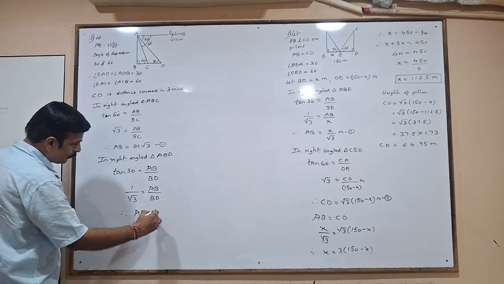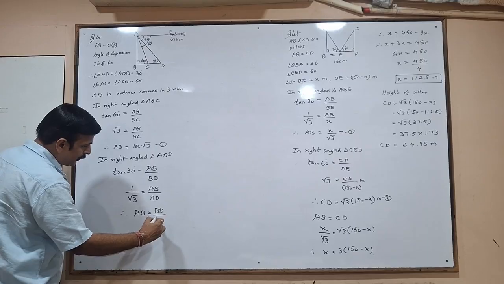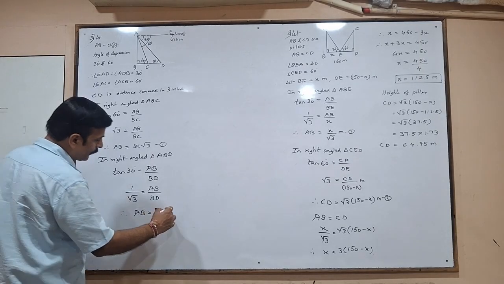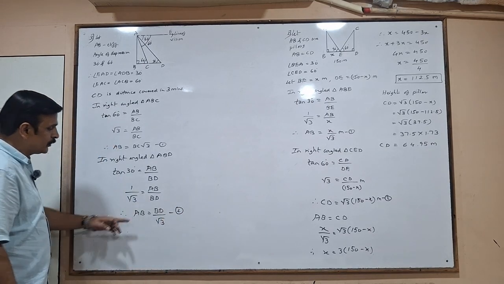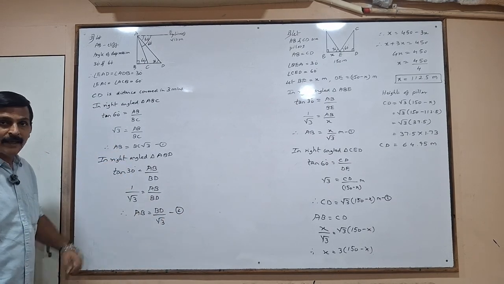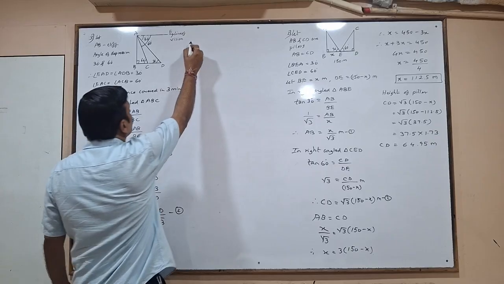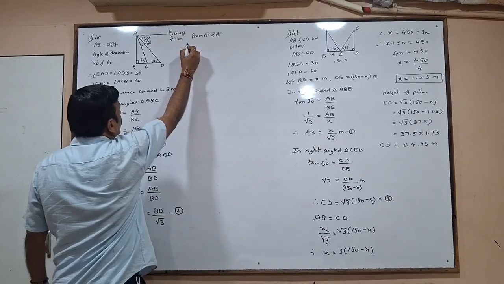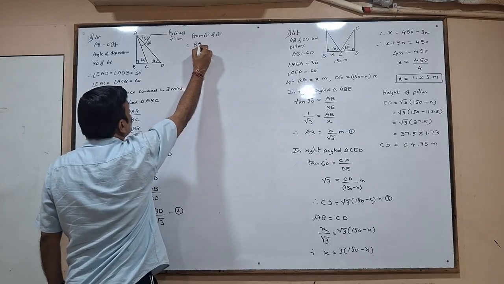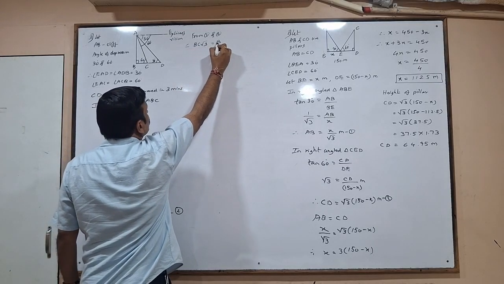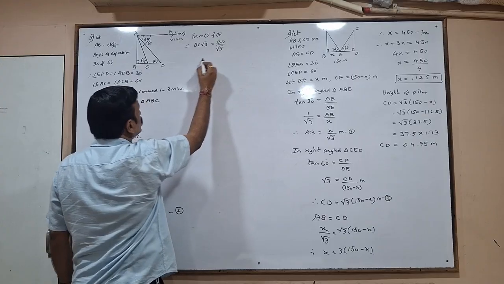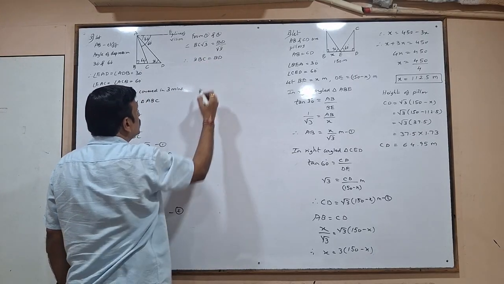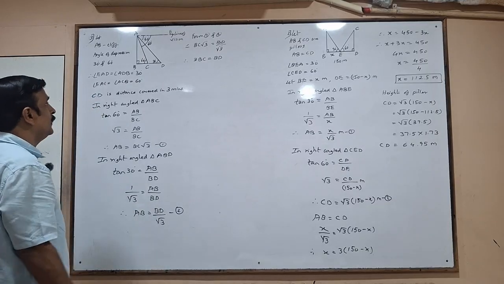So AB is equal to BD upon root 3. Both are equal to AB. So we can equate. So what we get is BC root 3 is equal to BD upon root 3. So thrice BC is equal to BD.